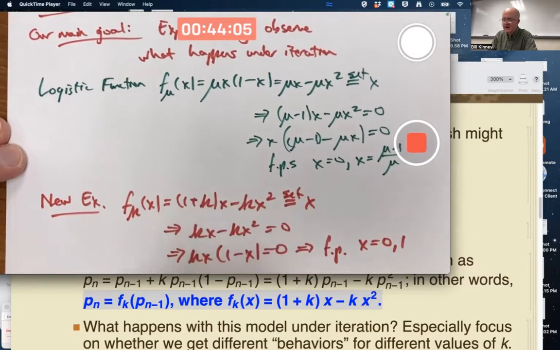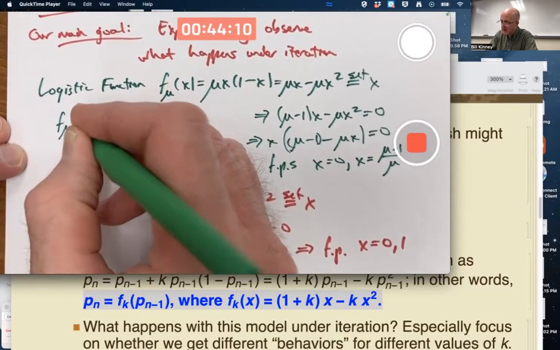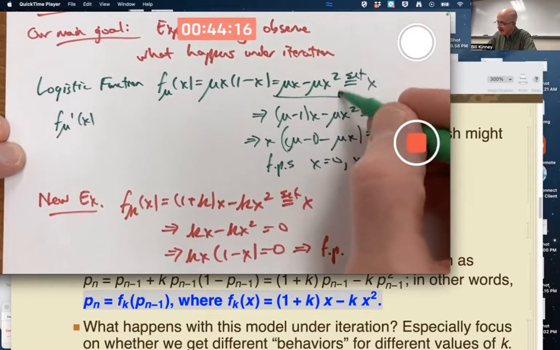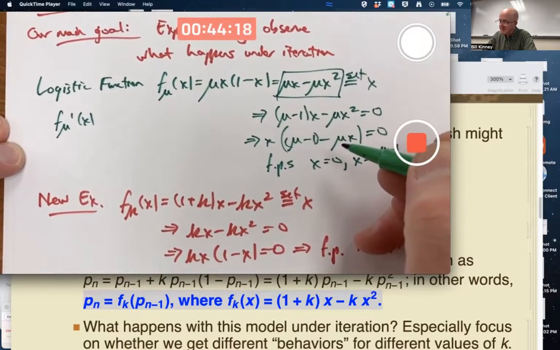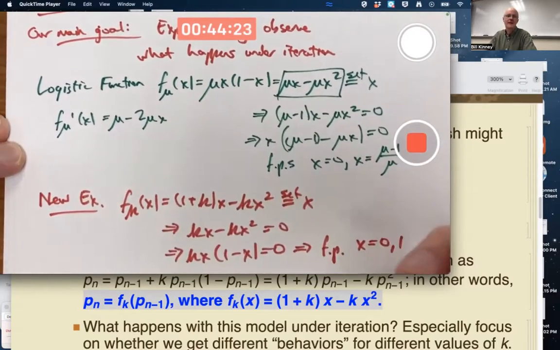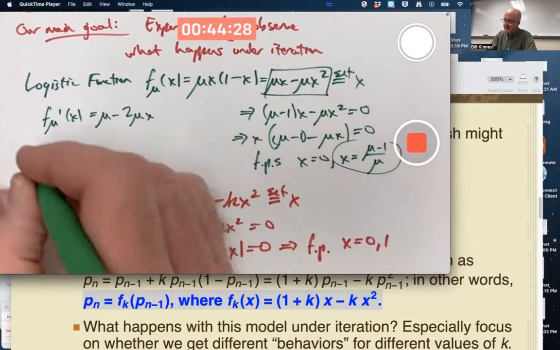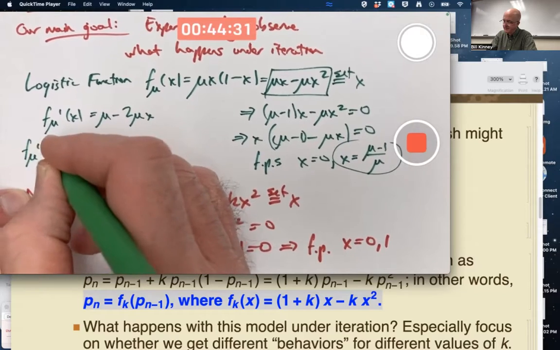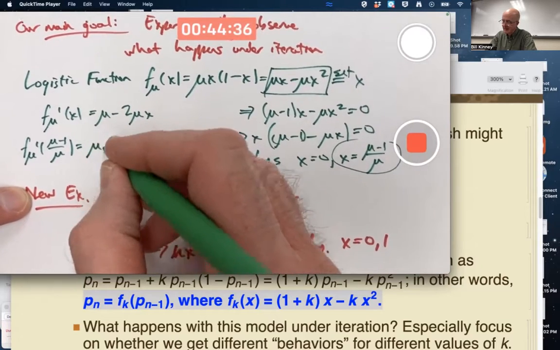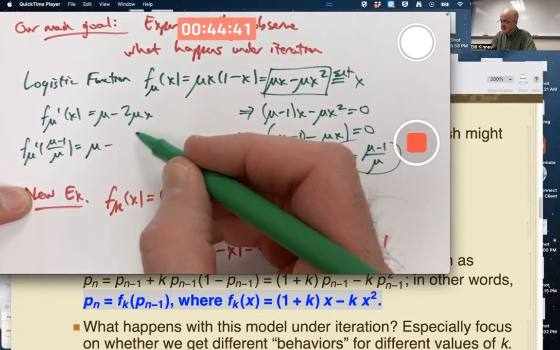With this logistic function example from last week, what's its derivative? F sub mu prime of X, taking the derivative of this, actually this thing here, sorry, almost made a mistake, is mu minus 2 mu X. If I plug in this second fixed point into that and simplify, when I replace X with mu minus 1 over mu, the mu's will cancel there.